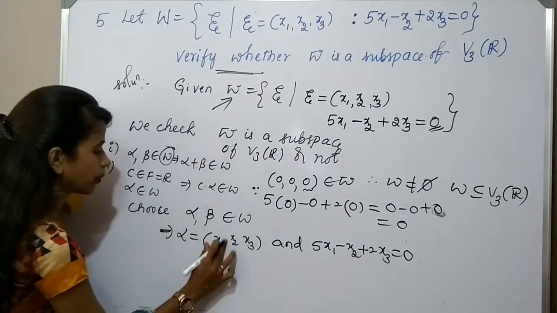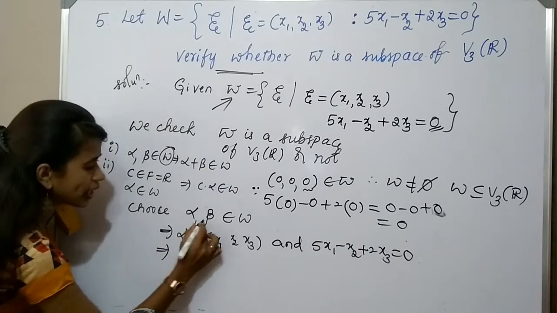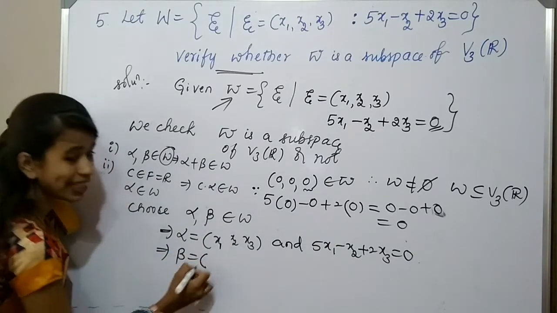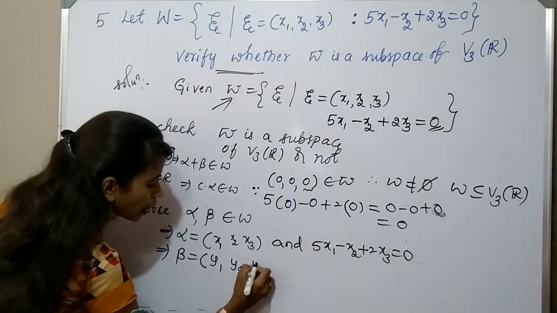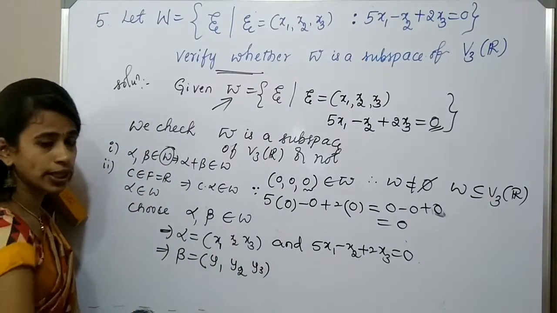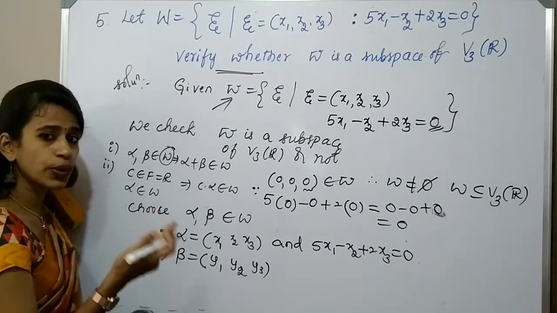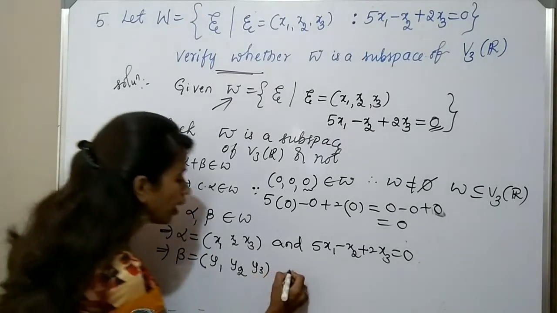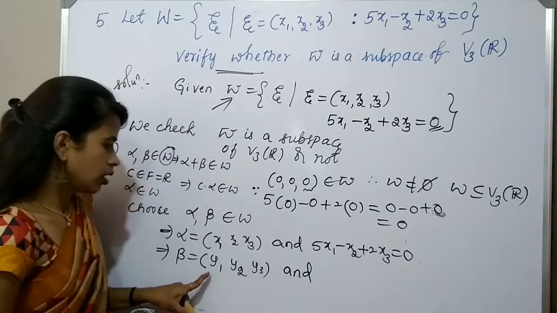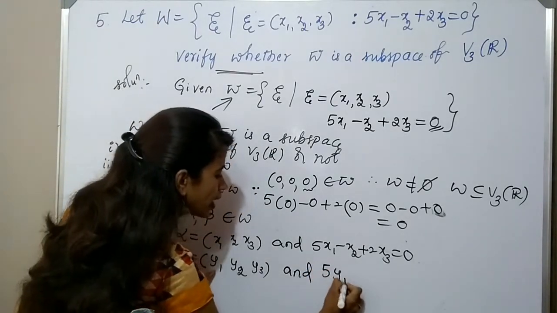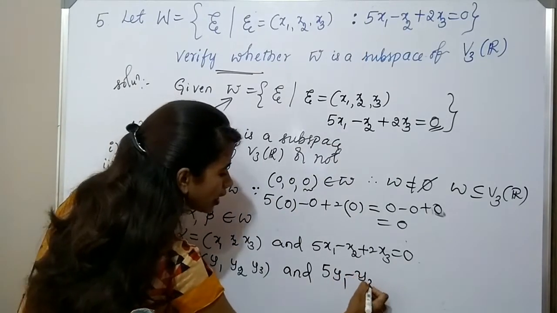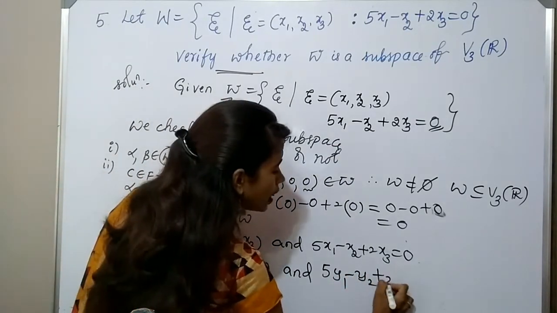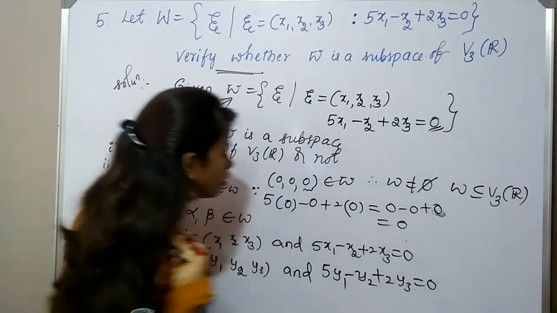Next, beta is also in W. So what is beta? Beta, which is also in triplet form, is (y1, y2, y3). You can take x1 dash, x2 dash, x3 dash. And 5 times the first coordinate y1 minus the second coordinate y2 plus 2 times the third coordinate must be equal to 0.